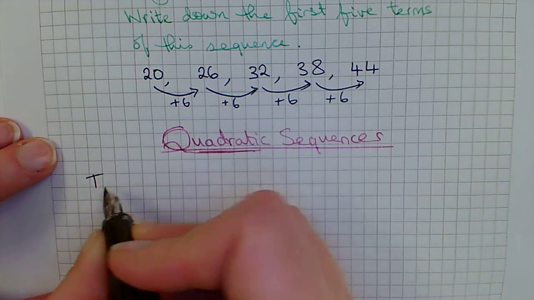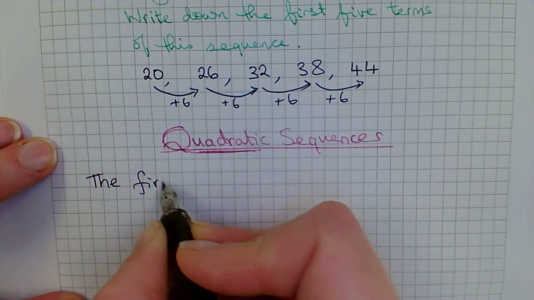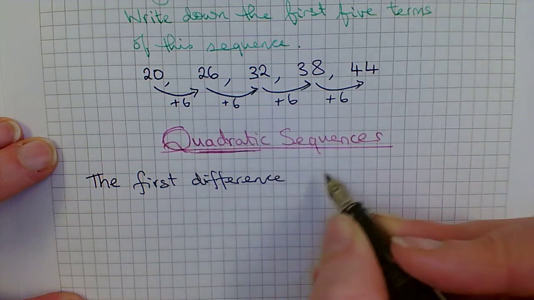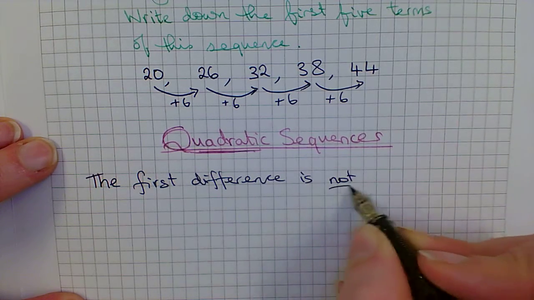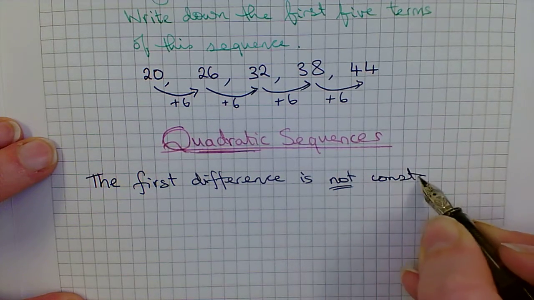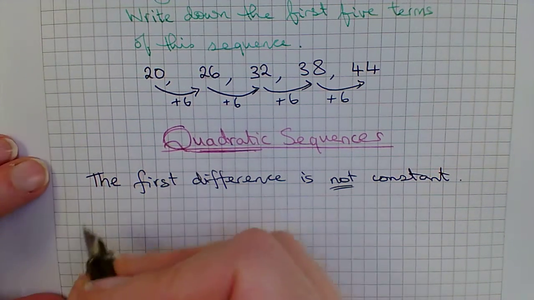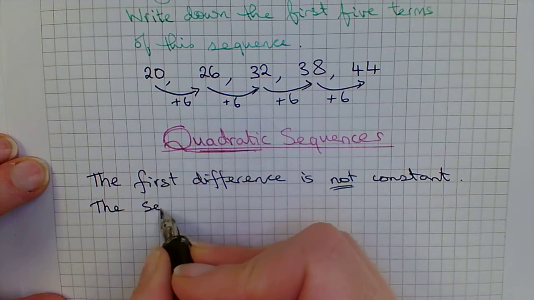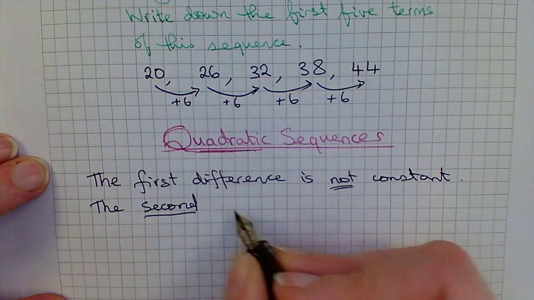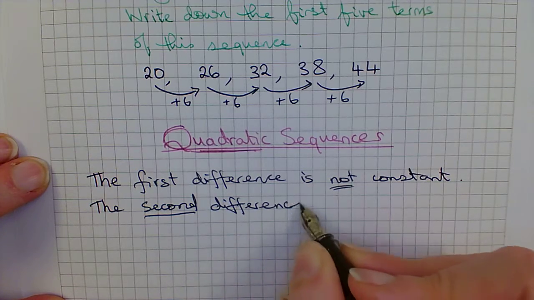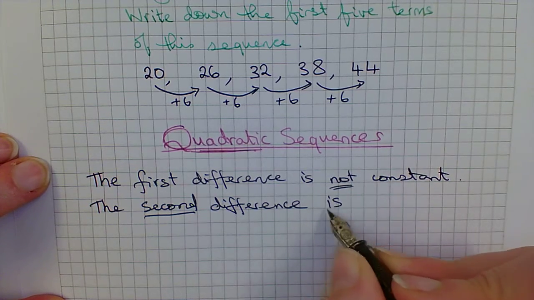So the first difference is not constant. What is constant is the second difference. So the second difference, what does that mean? Well, I'm going to show you with an example in a second. The second difference is constant.